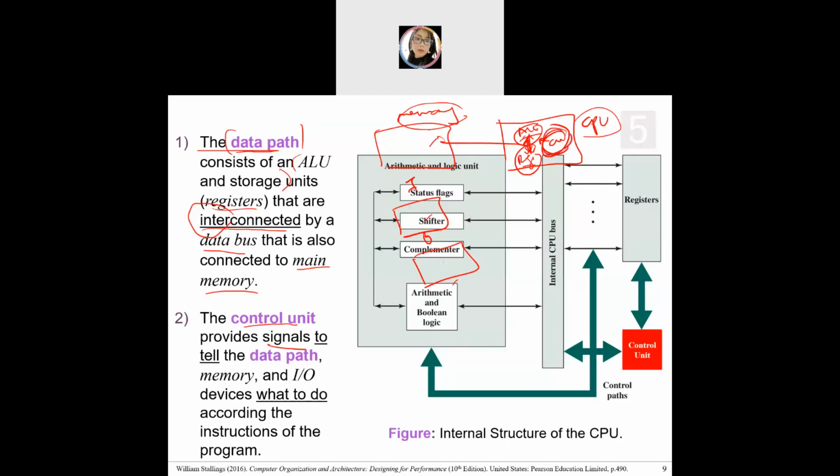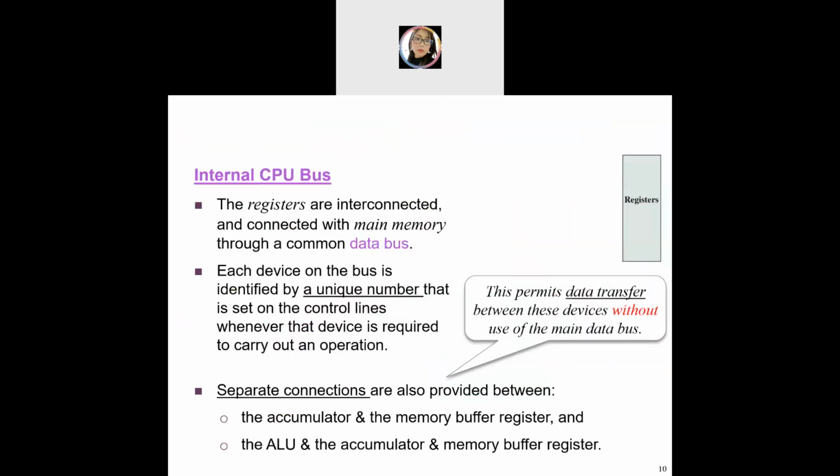So this CU will provide a signal to your data path, which is ALU and register, memory, input and output devices, telling them what to do according to the instructions of the program.